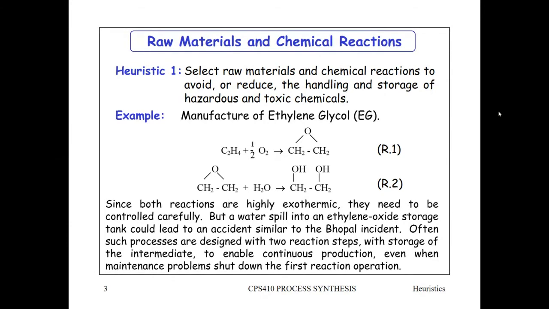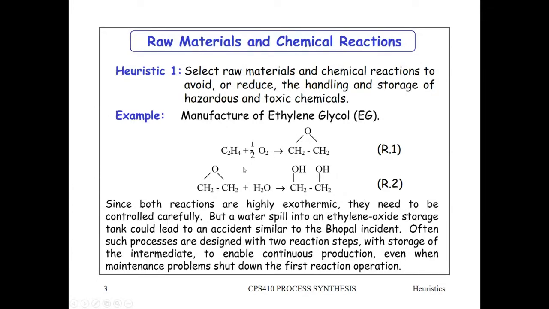But if you have an intermediate, and it is possible to store it, you would rather store it. So that's what we're saying over here. If possible, you would store.